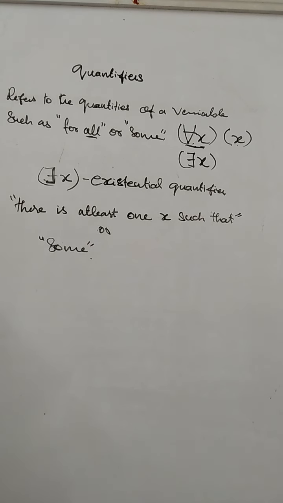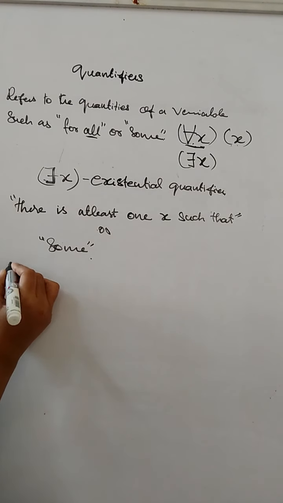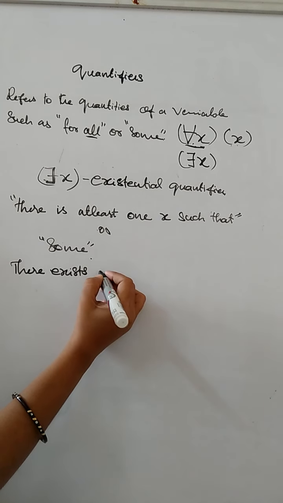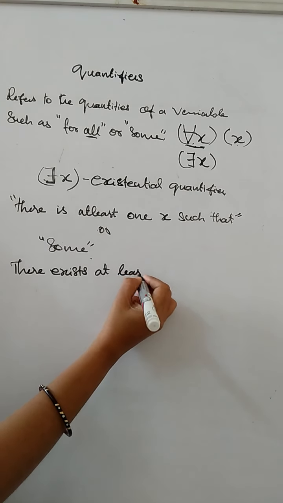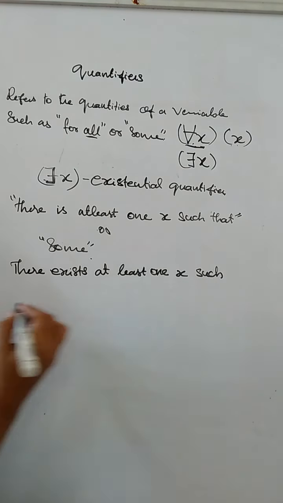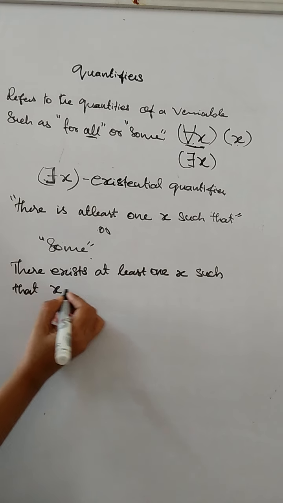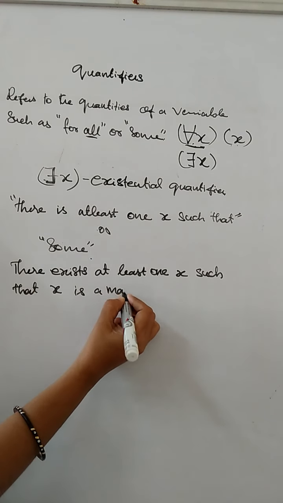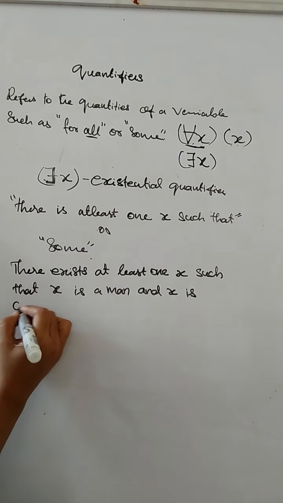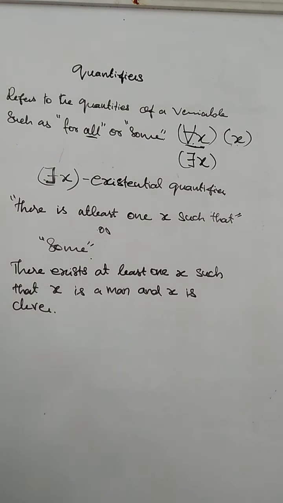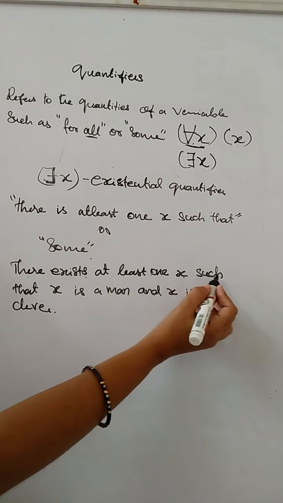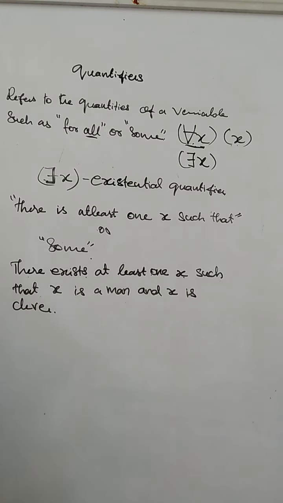Just for an example, I am saying there exists at least one x such that x is a man and x is clever.